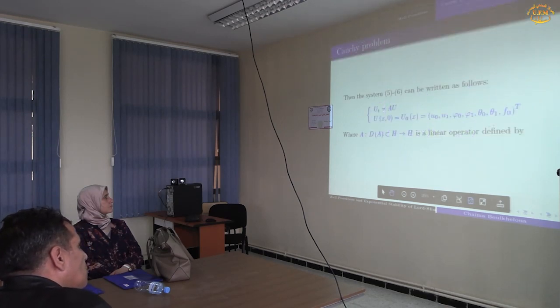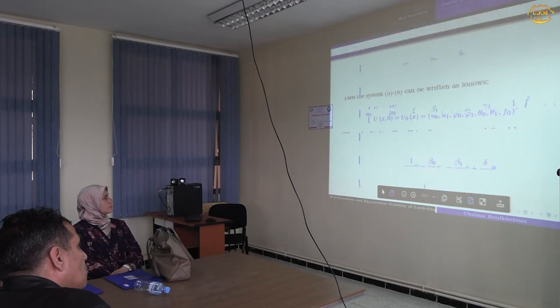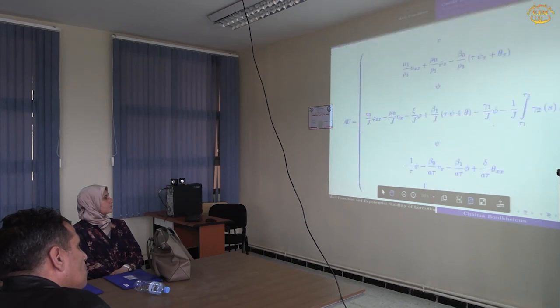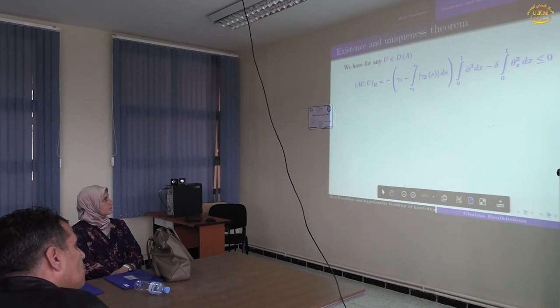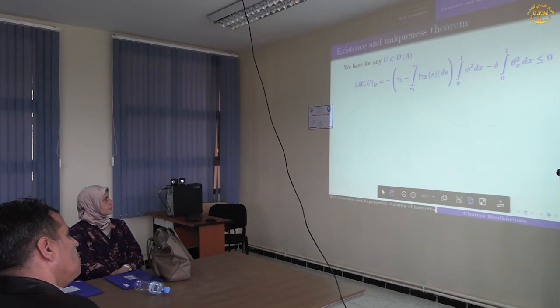Then the system (5)-(6) can be written as follows, where A is a linear operator defined by, and the domain of A is given by, where the space H2 is defined by. Then for any U in D(A), we have the inner product on H, which is less than or equal to 0.